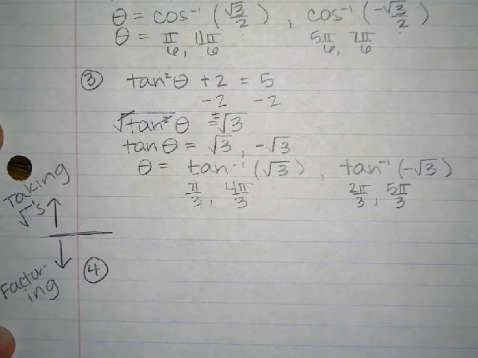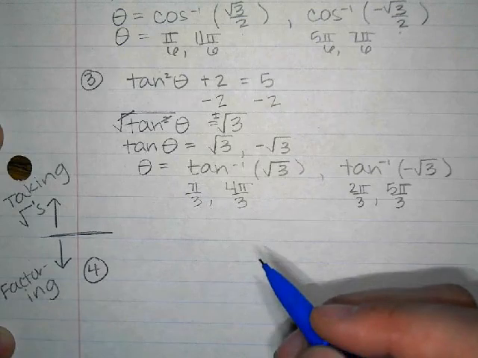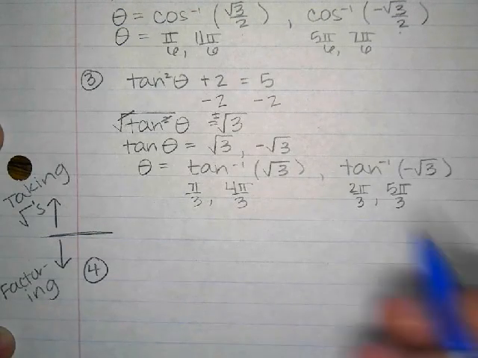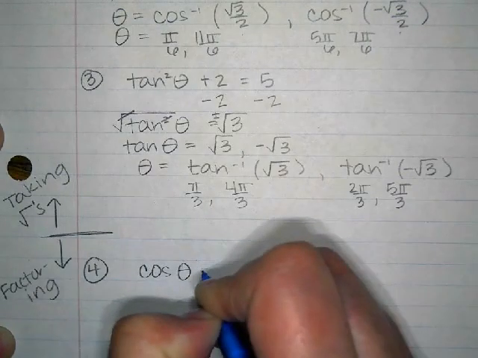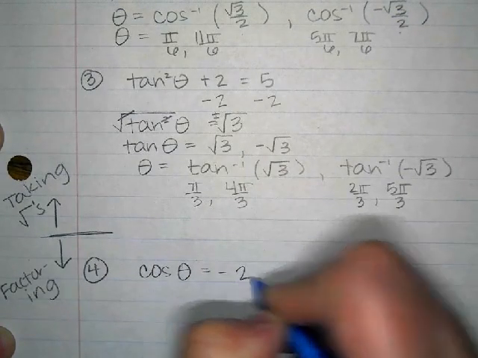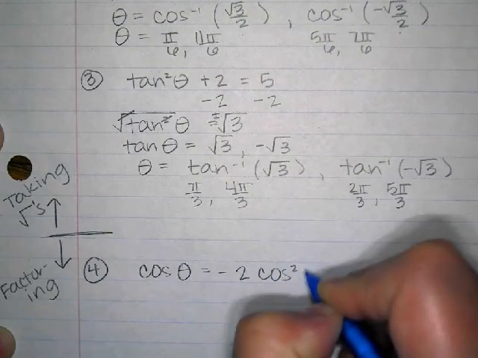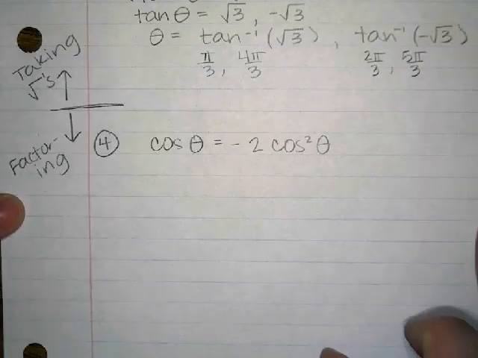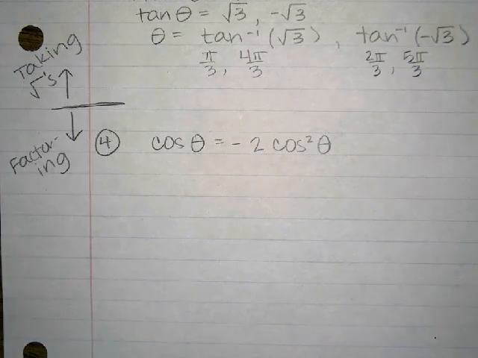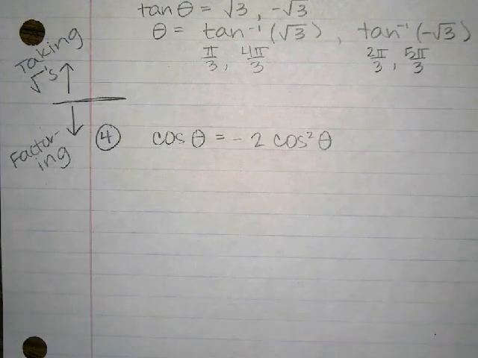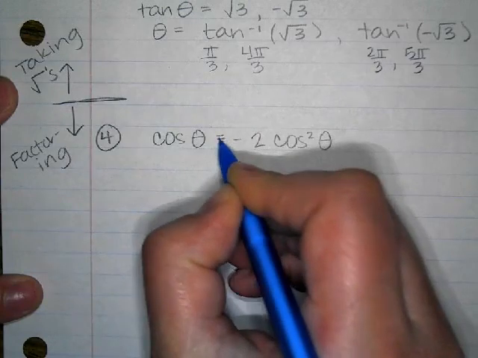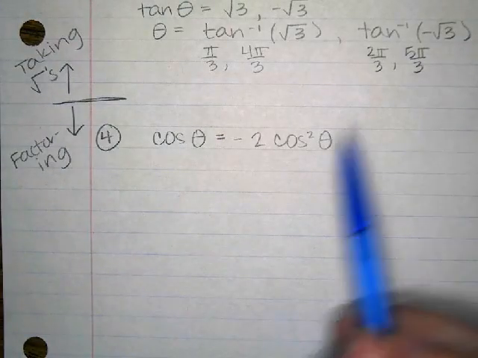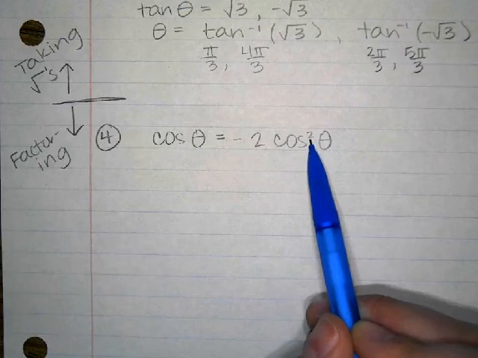All right, let's do cos theta equals negative 2 cos squared theta. So when we solve by factoring, we always want the equation to equal 0, and the squared term should have a positive coefficient. We want the number in front of the squared term to be positive.